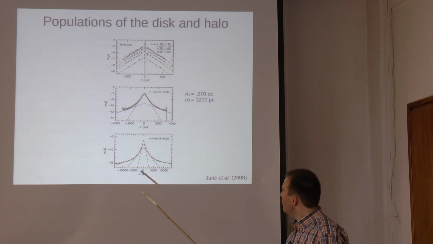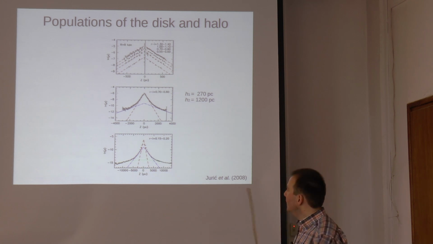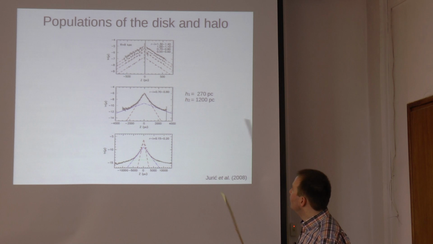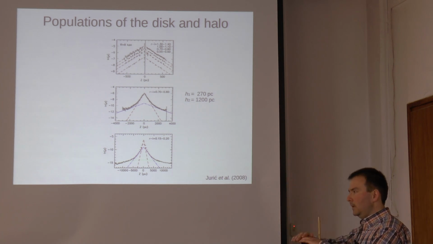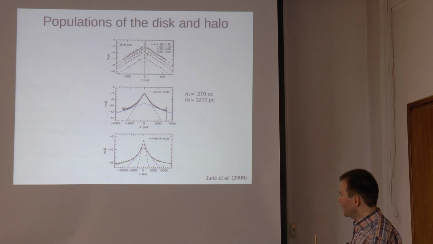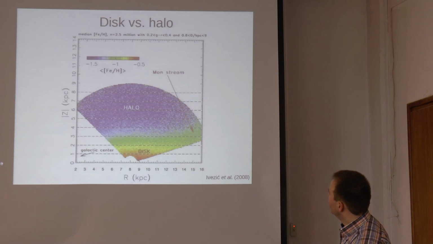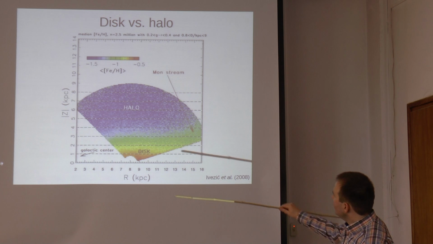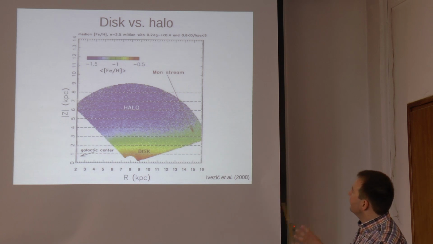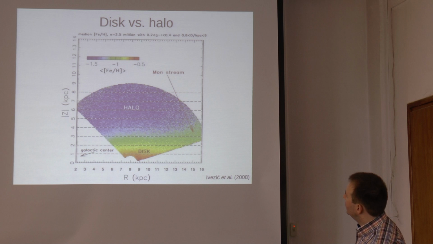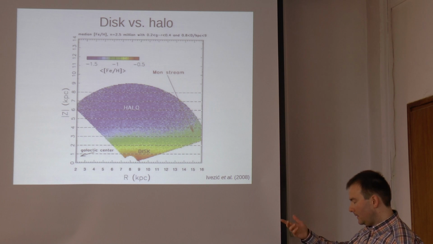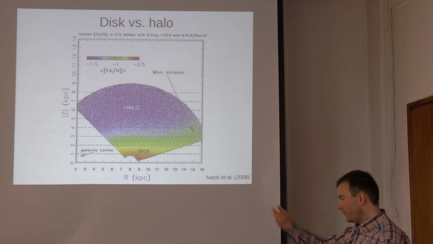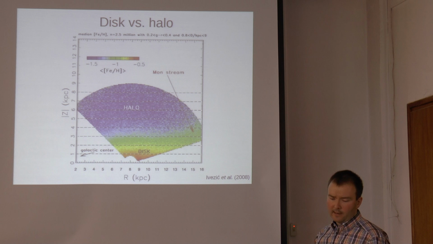Zero means here the galactic plane, and this is the distribution of different stars at different elevations from the galactic plane. And this is how to distinguish between the populations, because stars from the halo and from the disk are mixed.